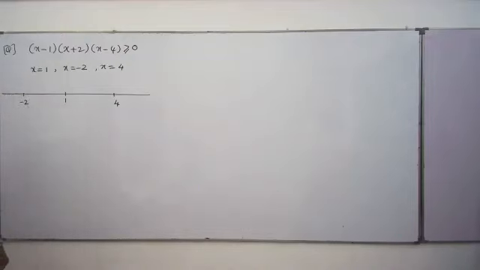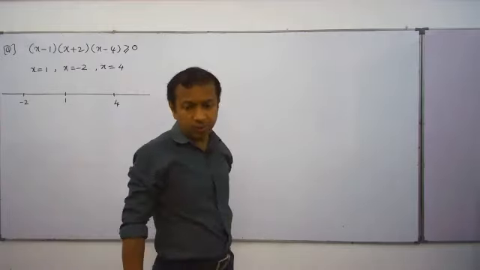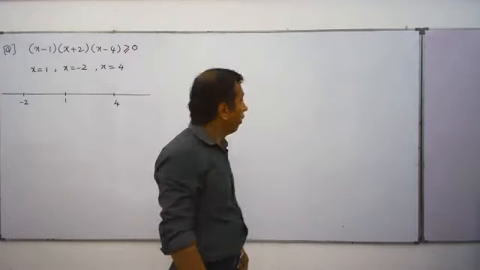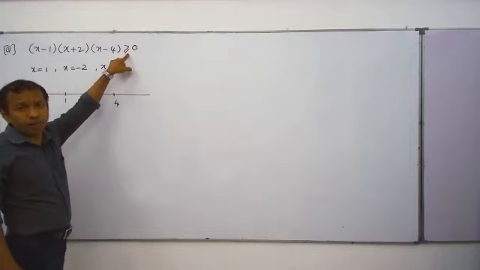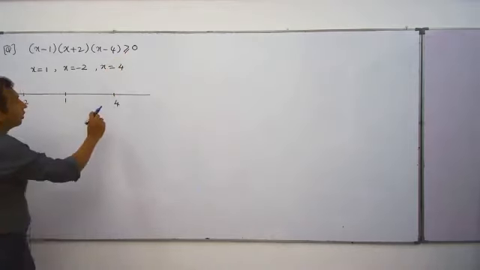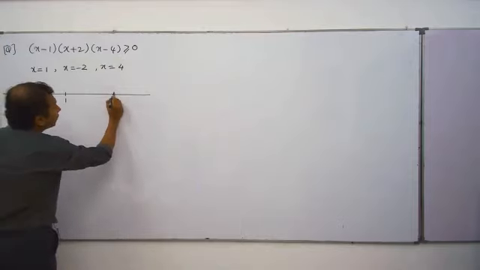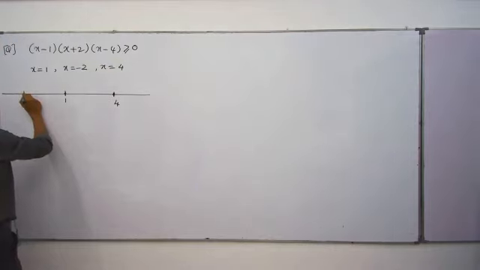Now, how many regions, people, do we get? 1, 2, 3, 4 regions now we get, because we marked 3 numbers now. Right. Now, equal sign is available here. Then all these numbers we take, circle and color. This way, circle and color.